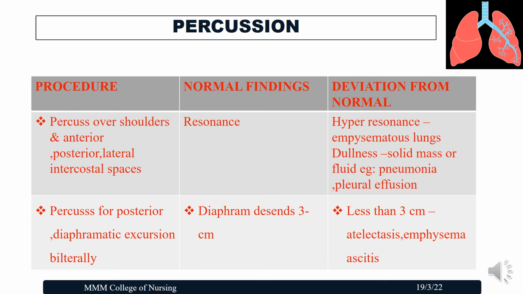Atelectasis is collapse of the lung, and ascites is fluid collection in the peritoneal cavity, which prevents the diaphragm from moving downward. In such cases, the diaphragm cannot descend beyond 3 centimeters, so the excursion will be less than 3 centimeters.